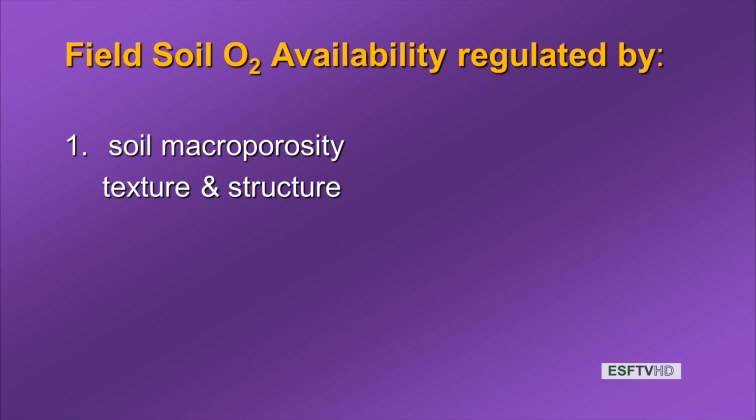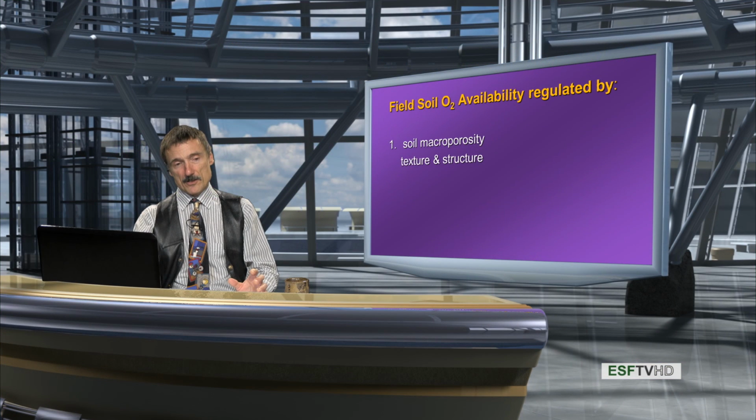Now we'll think about that on the other side. If the macropores do not hold water, there's our exchange of air. And what affects macroporosity? We go back to physical properties: soil texture and soil structure. Fundamentally this is a big control on aeration, and oxygen availability is directly related to this. Okay, so that's our first factor.